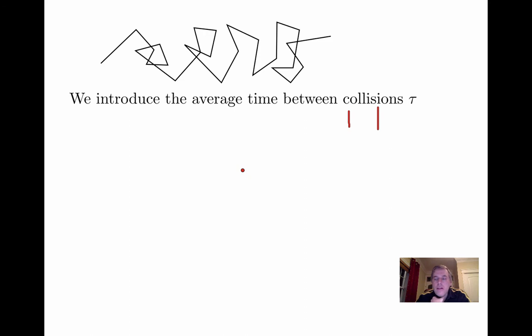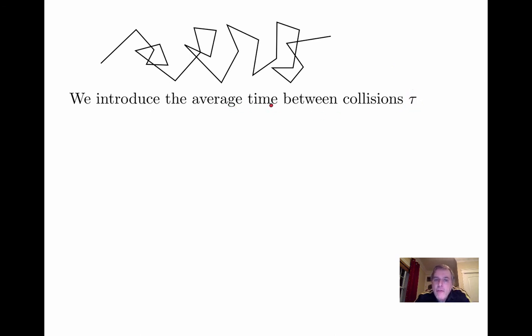Now let's go back to the motion of charges, which, remember, is really chaotic. There's a lot of collisions back and forth. On average, you have a straight motion to the right, but you have all those collisions. Now, I'm going to introduce a new concept, a new quantity, tau. That's the Greek letter tau here.